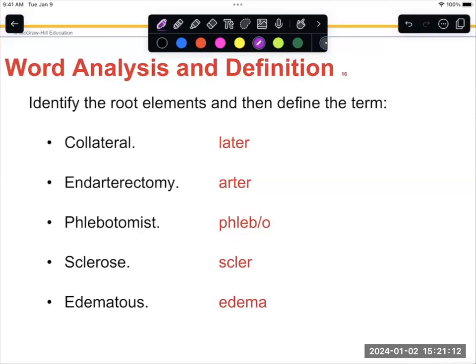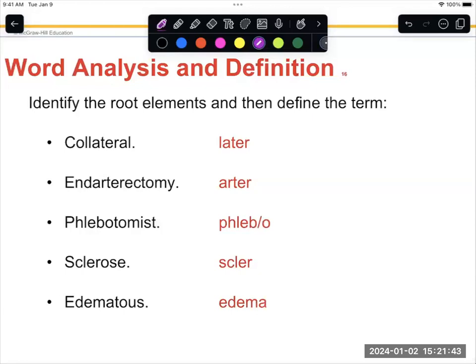So let's look at the root element of these words. Collateral means lateral, at the side. It's situated at the side, often to bypass an obstruction. And arterectomy, artery, surgical removal of plaque from an artery.